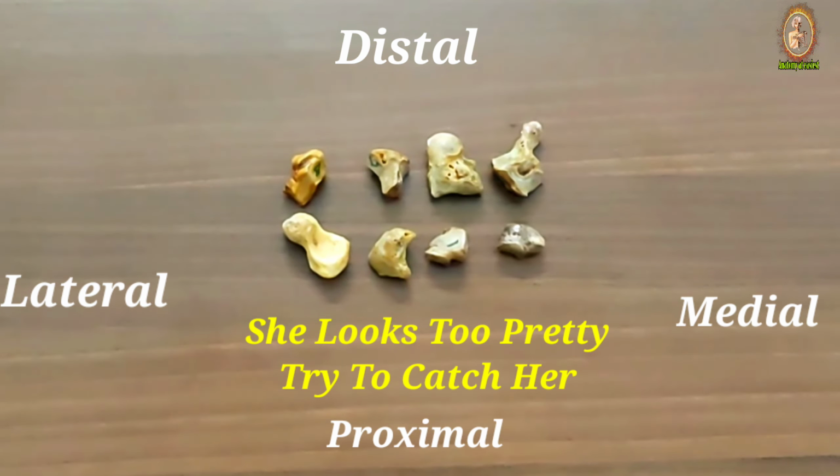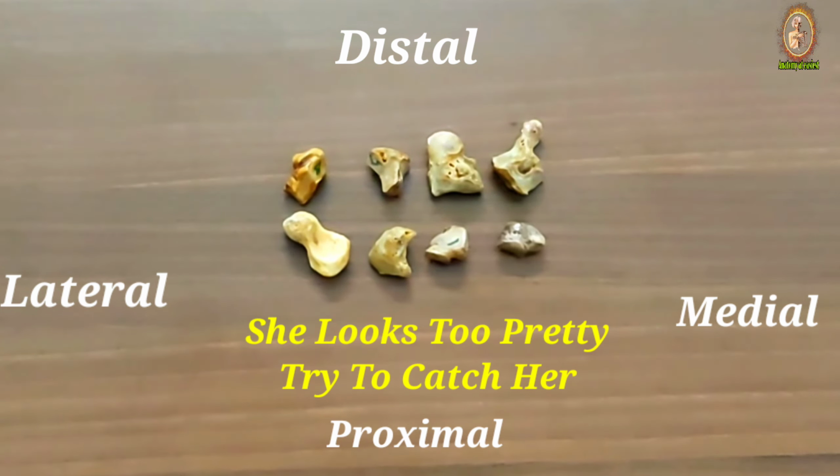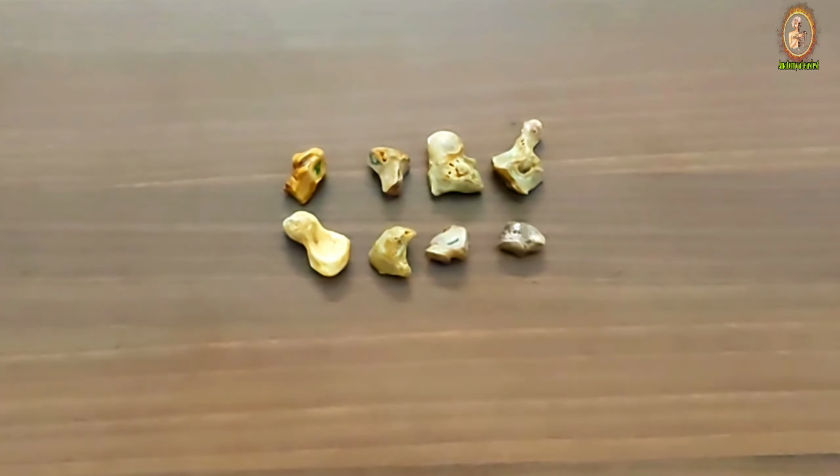So this is the easy way or the mnemonic by which you can learn the names and their arrangement. Remember, from lateral to medial side, and first we are taking the name of proximal row bones and then of distal rows. Now the point of identification of these bones, how to identify the carpal bones.